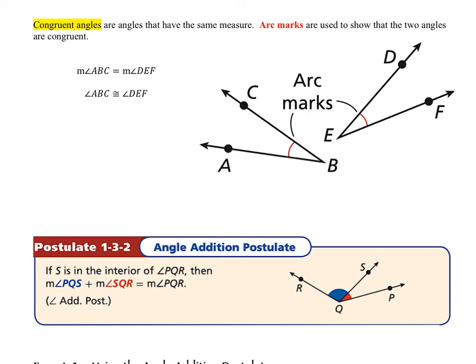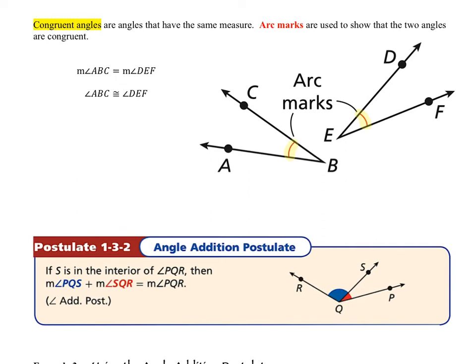When we have congruent angles, we use a specific notation on the picture that we call arc marks. And you can see that these are the little curved marks that I'm highlighting. That's one way that we can say that these two angles, angle ABC and angle DEF, are congruent with each other.